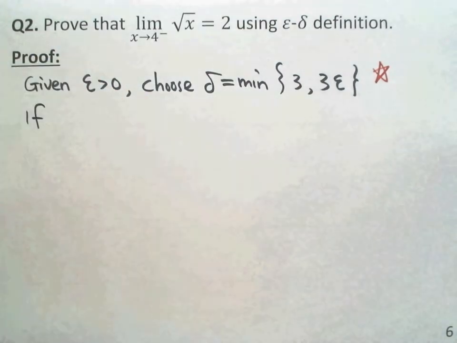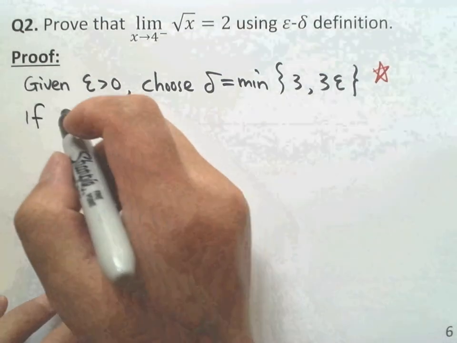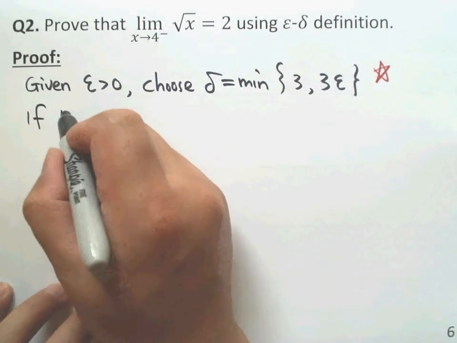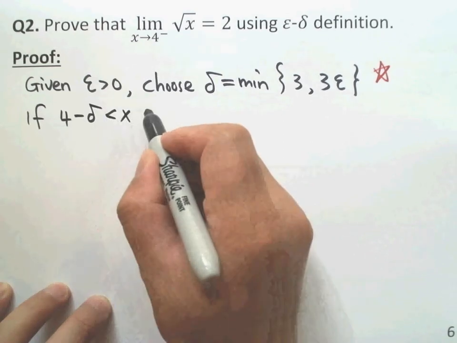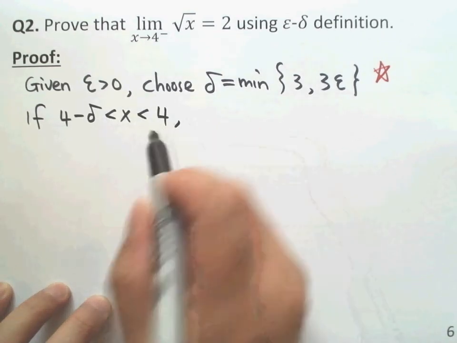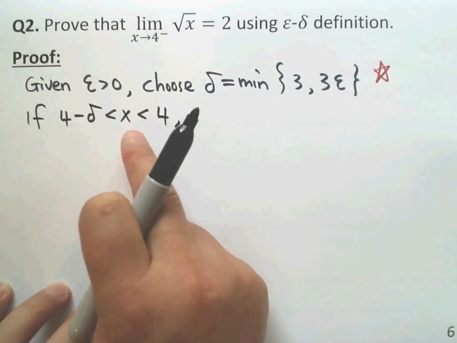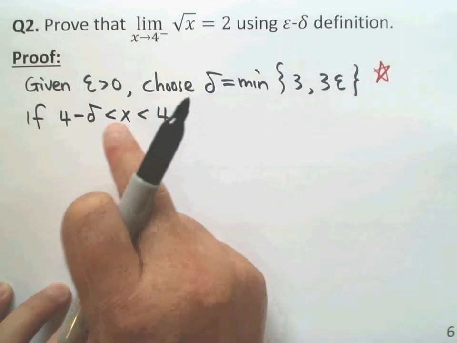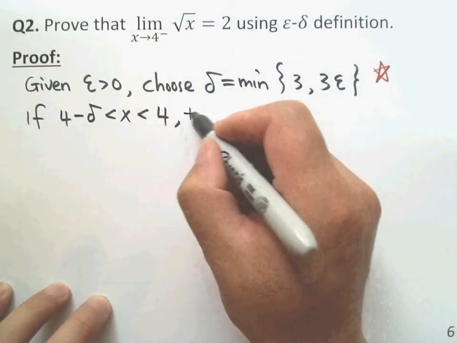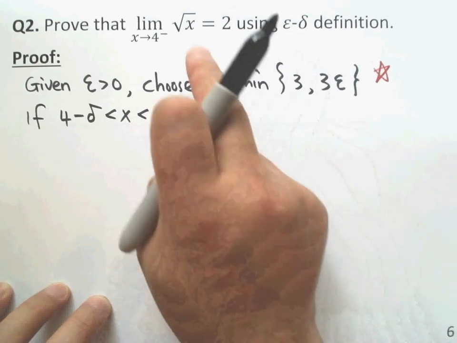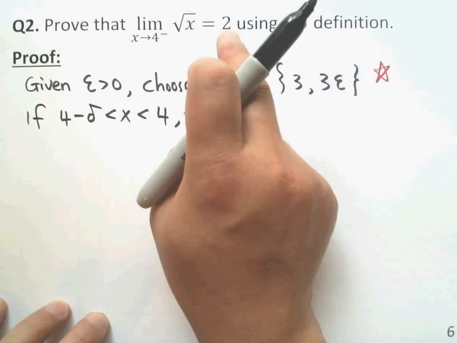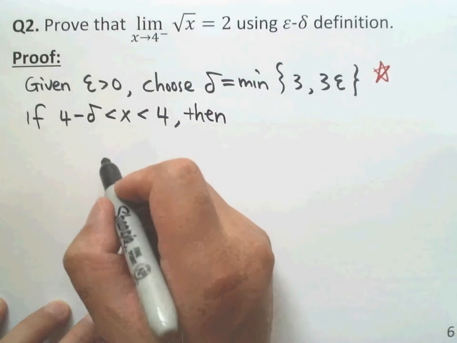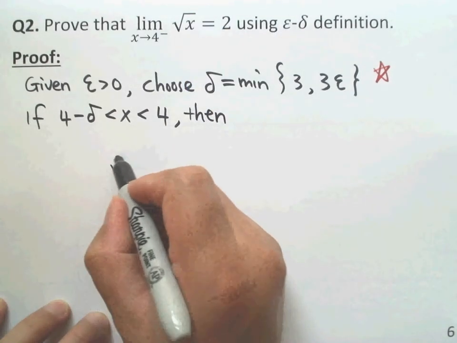Which means this: if 4 minus delta is less than x less than 4, what does this mean? It means x is in the delta neighborhood of 4 on the left side, then the value of the function is in the epsilon neighborhood of 2.